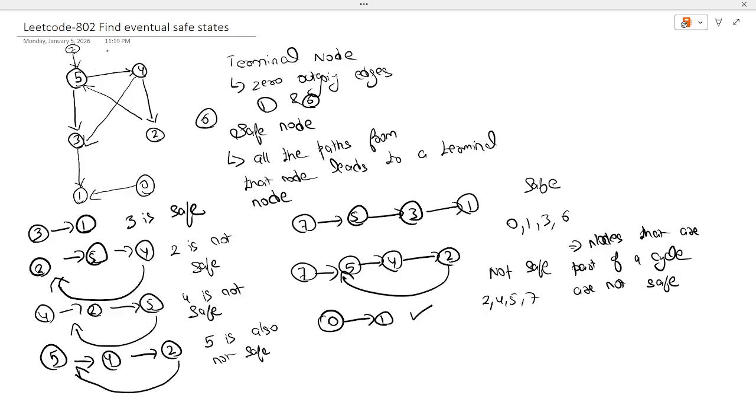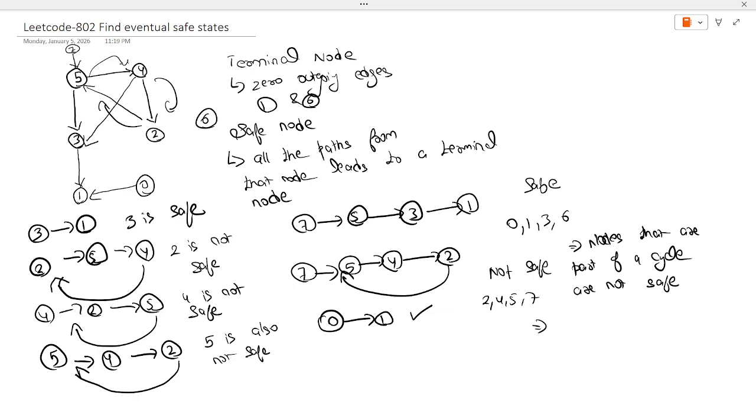From 5 we can move to 4, from 4 we can move to 2, and from 2 we can move to 5. So 2, 4 and 5 are not safe because they create a cycle in the graph. They are part of a cycle in the graph.